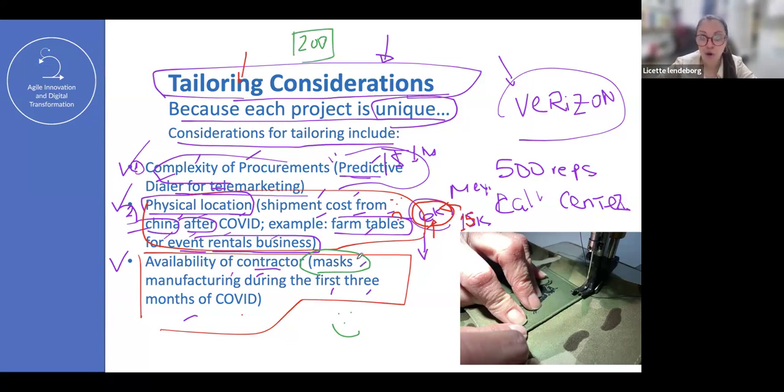The normal cost of each one of those boxes was $10 at CVS and Walgreens. But as soon as COVID hit the United States, in January, February, March, everybody was looking for masks. Walmart, no more masks. CVS, sold out everywhere.